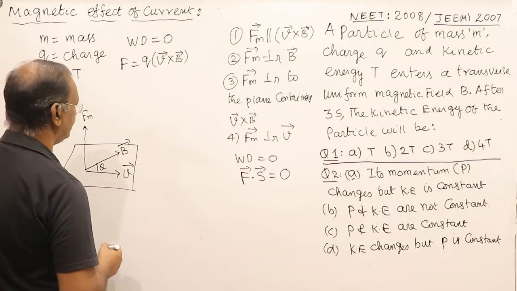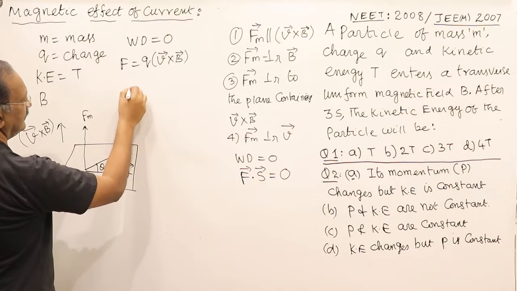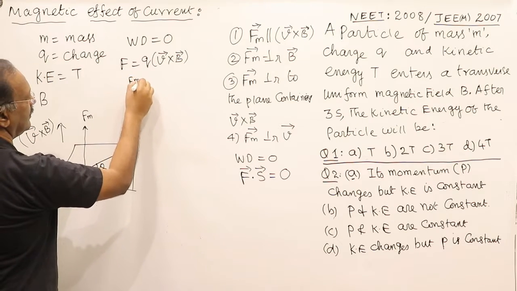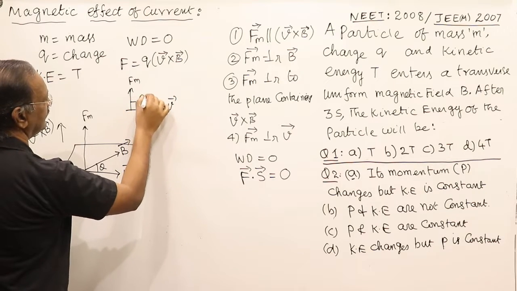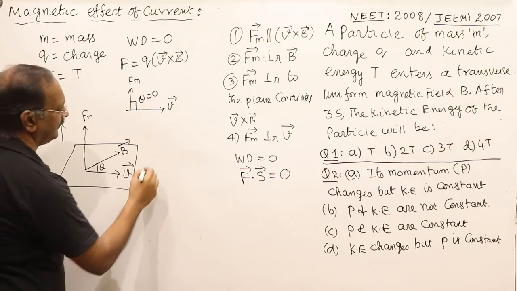This is Fm and this is the velocity vector V. The angle theta between them is 90 degrees.